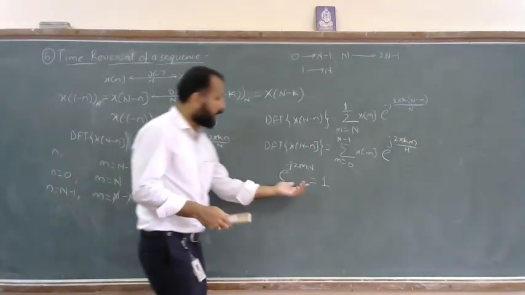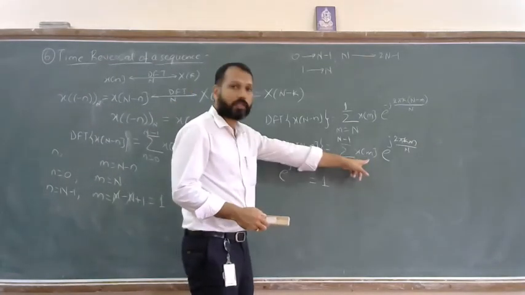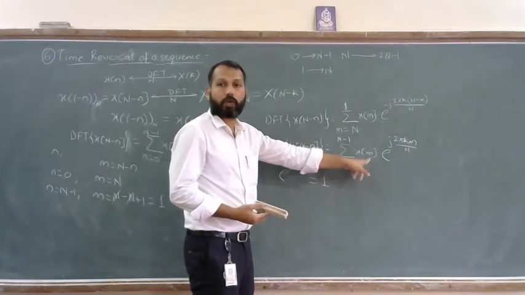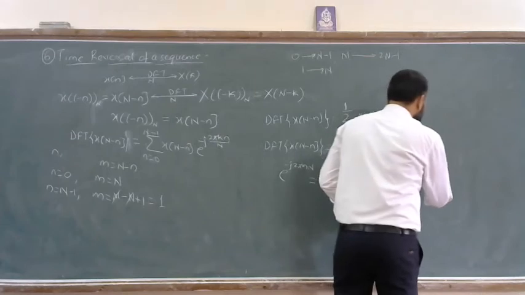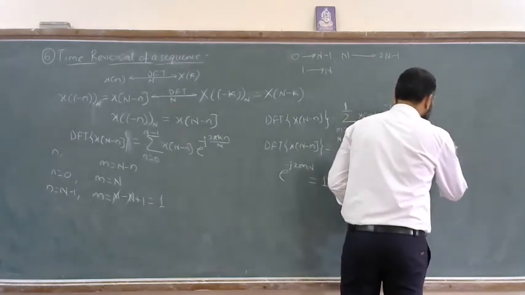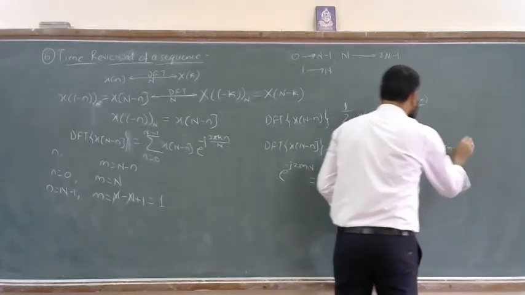So multiplying this exponential to this summation will not make any difference to it because we are multiplying it by 1.